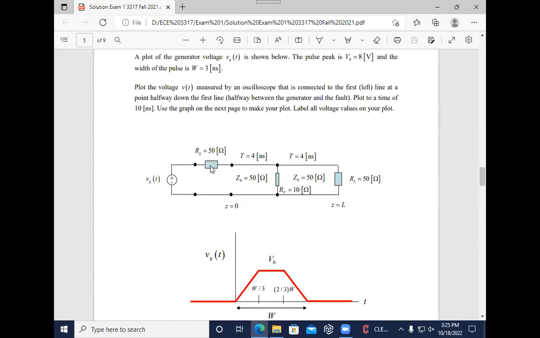So that would come from the 50 ohm Thevenin and the 50 ohm on the first line. Now remember, when the pulse first gets launched, it doesn't yet see this whole part of the system yet, right? So when the pulse first gets launched, you only care about the 50 ohm Thevenin and this 50 right here, right? So that voltage divider gives a half, right?